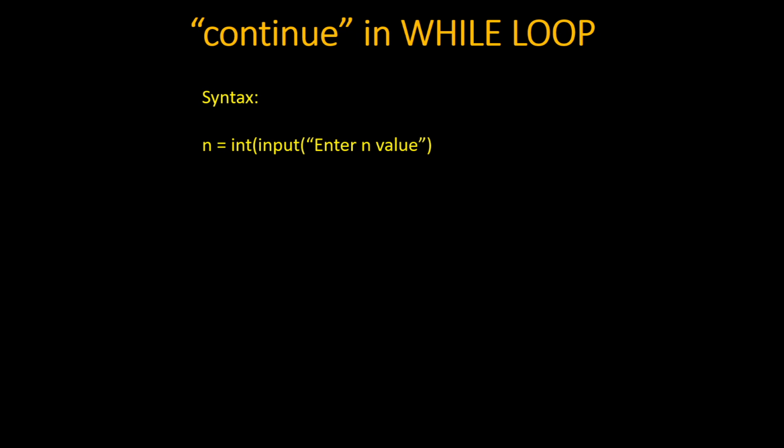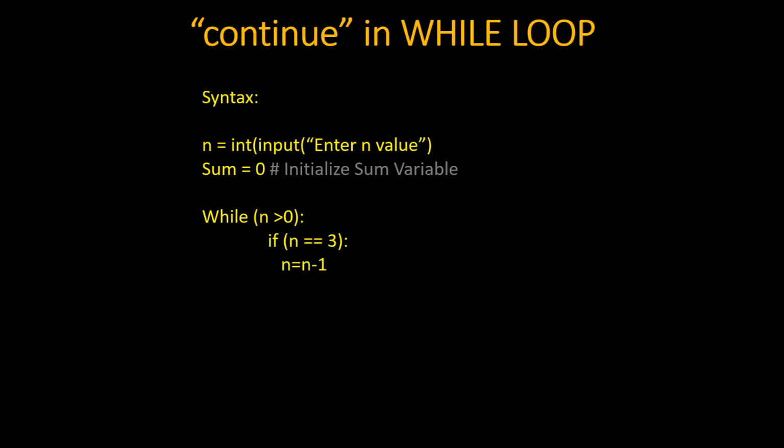Then I initialize the sum variable to 0, and then I have my while expression, which says n is greater than 0. Here we have an if construct, which says if n is equal to 3, I have n = n - 1 and continue.